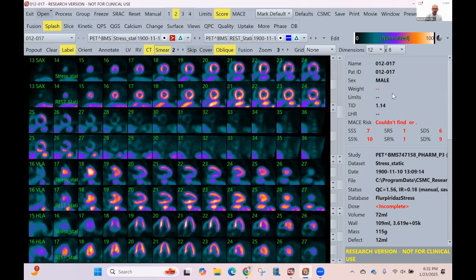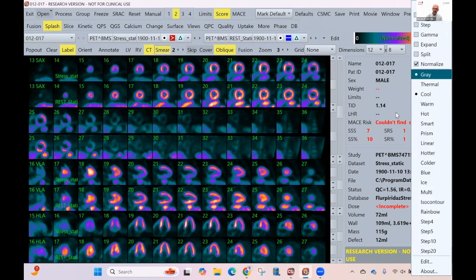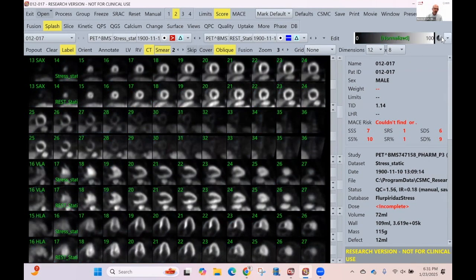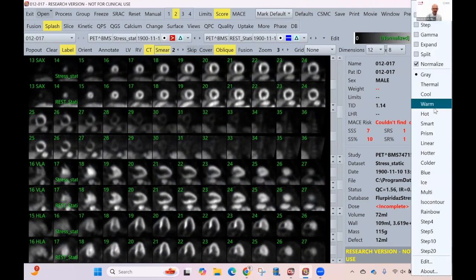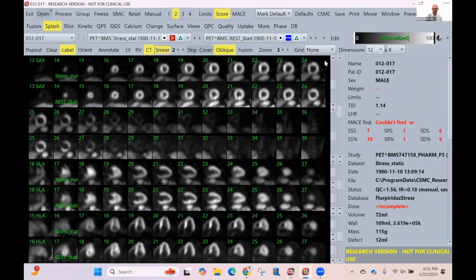The number is more to corroborate what I see visually. In this case, there seemed to be a mild difference between the stress and the rest images, and that seemed to correlate with that 1.14 that you see here on the images. I'm not sure if this is truly an abnormal ratio for Flurpiridaz.